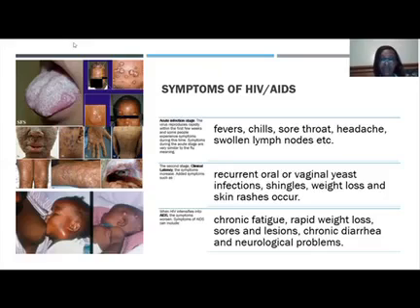Other symptoms such as recurrent oral and vaginal yeast infections, shingles, weight loss, and skin rashes occur. When HIV intensifies into AIDS, the symptoms worsen. Symptoms of AIDS can include chronic fatigue, rapid weight loss, sores and lesions, chronic diarrhea, and neurological problems.